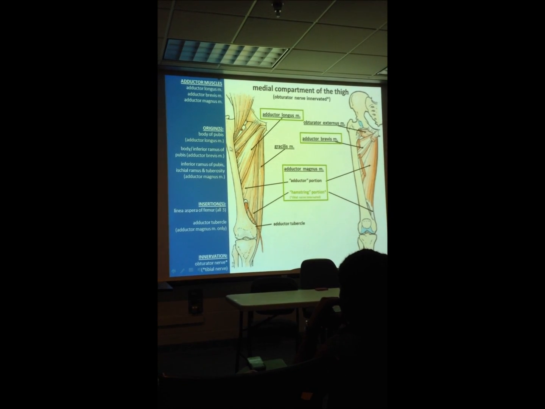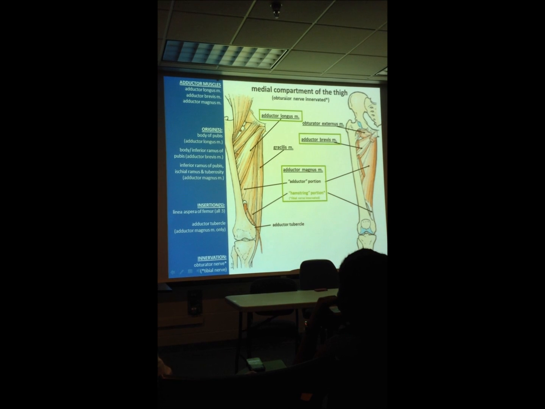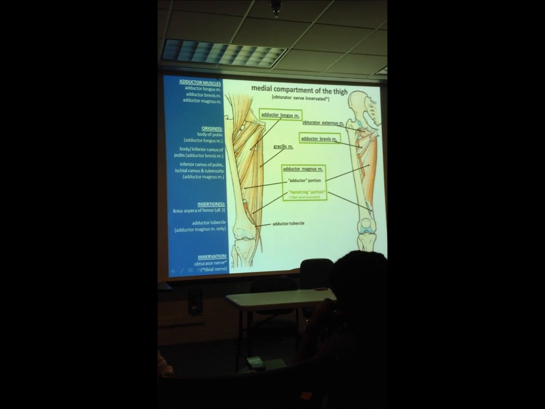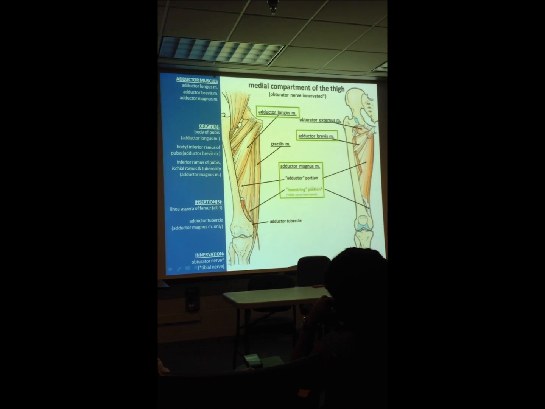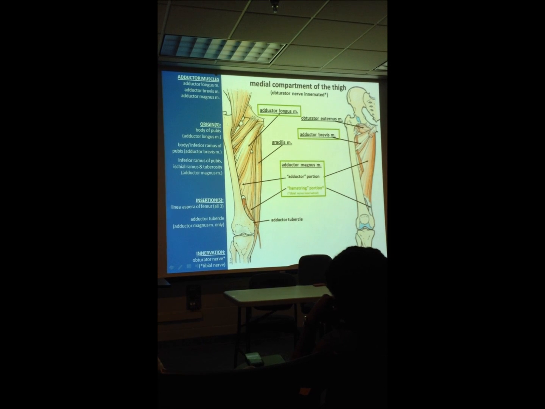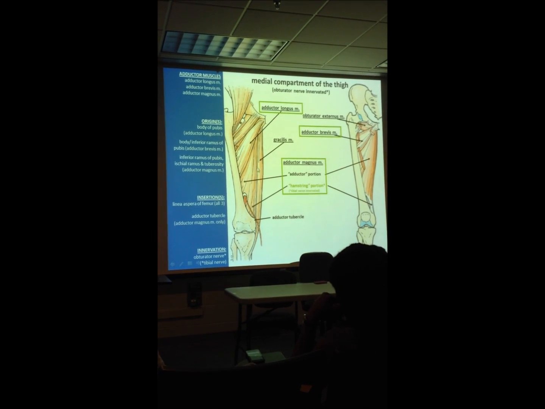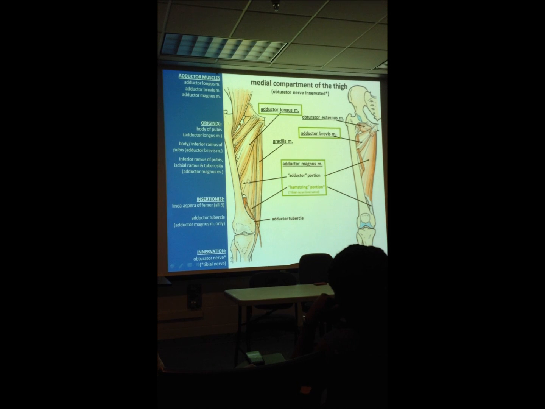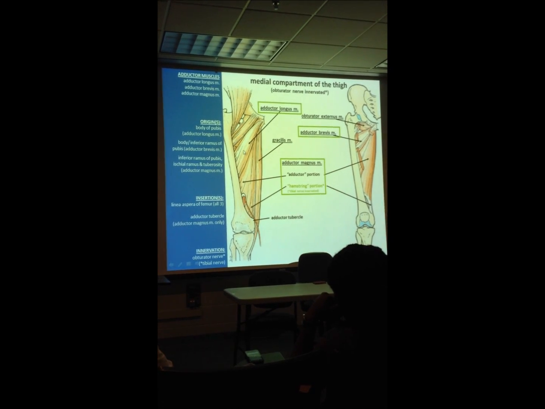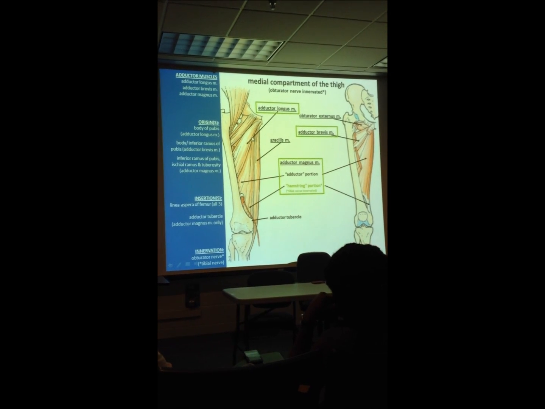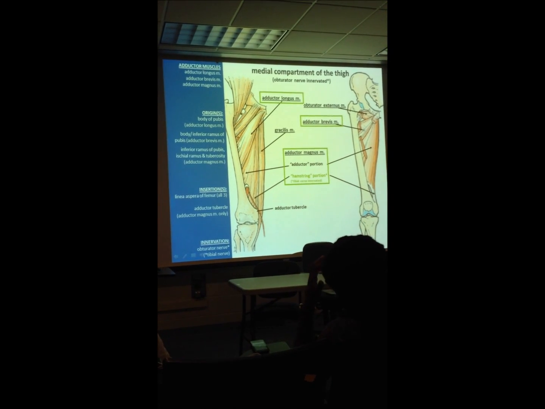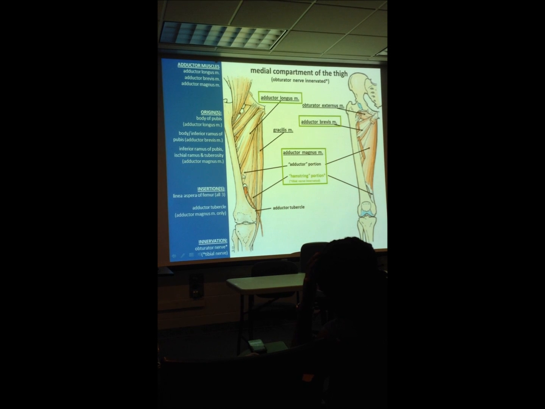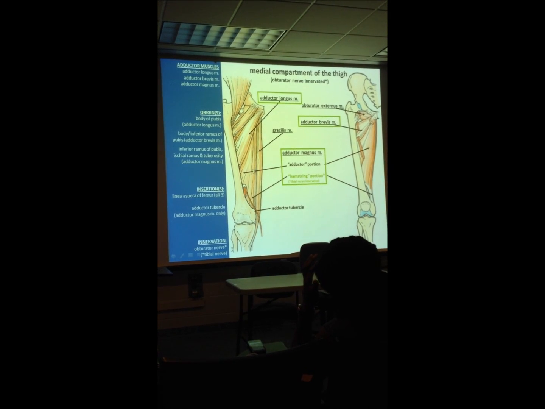Okay, slide number 6 has to do with those adductor medial compartment muscles again. Adductor longus. Cut adductor longus, you see brevis. Cut adductor longus, and you see magnus. But there's something about these adductors that's a little bit different, and that has to do with the innervation of all the fibers. That one's innervated by the same one that innervates that one, that innervates this part of this thing.